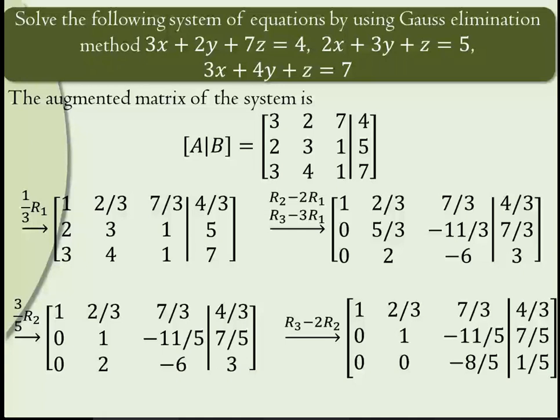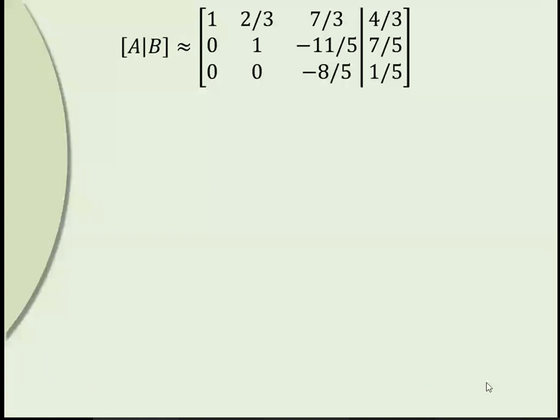So it will be the new row. If you want, you can make it 1 or you can keep it as it is. Write down the equations from that matrix and solve those equations simultaneously. Okay, so this is that upper triangular matrix we have. Write down the equations from it.